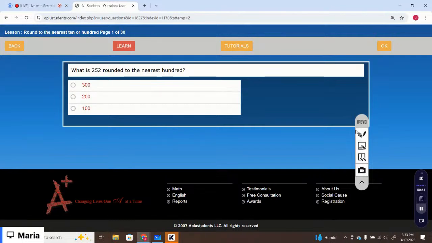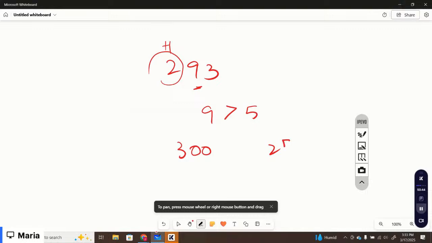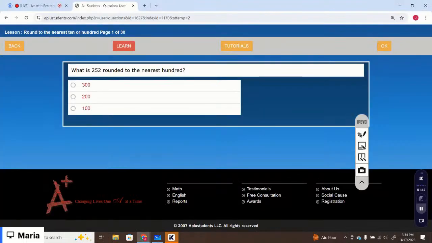So the hundreds digit is 2. Right next to the hundreds digit, you have 5, and 5 is equal to 5. So you need to round up. Replace the other digits with 0. That is 300. Option number 1 is the correct option.